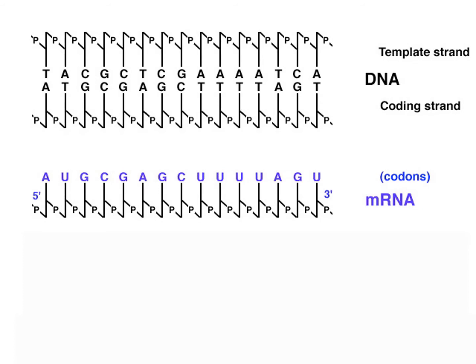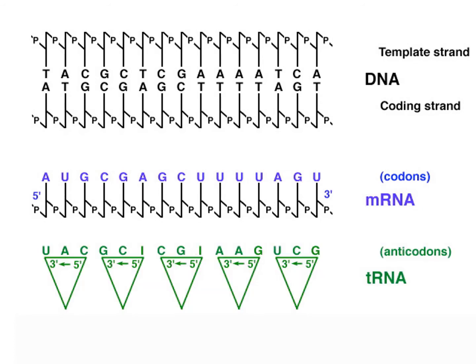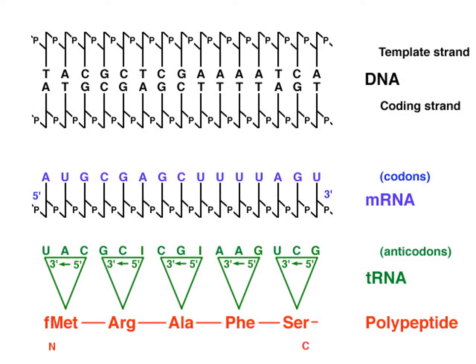You've seen this slide before, just to remind you of the process that occurs here. Starting with going from DNA to RNA and to the growing polypeptide, or the pairing of the tRNAs with the amino acids that are coded for by those codons.